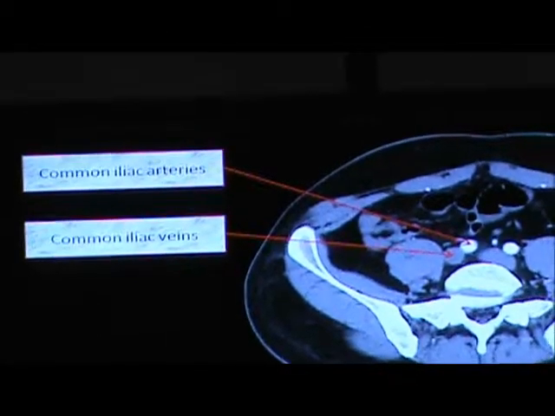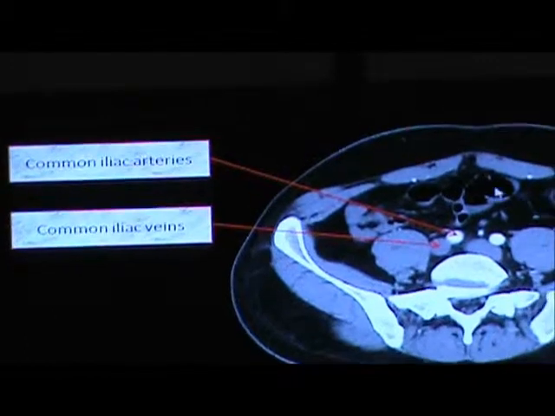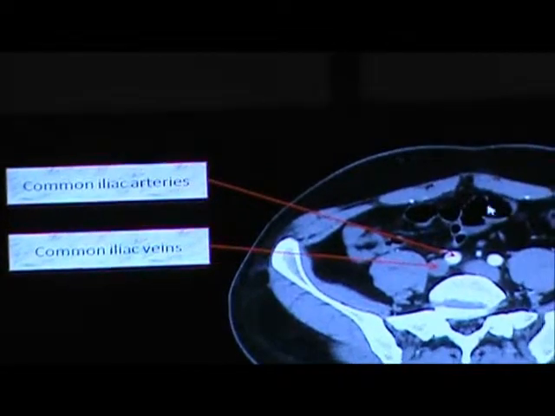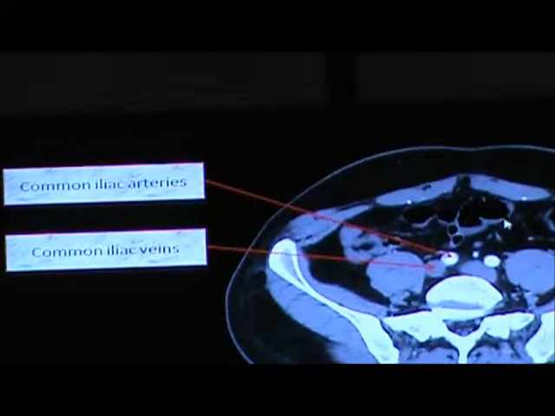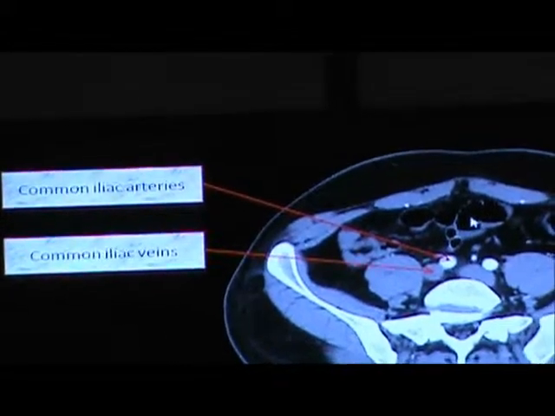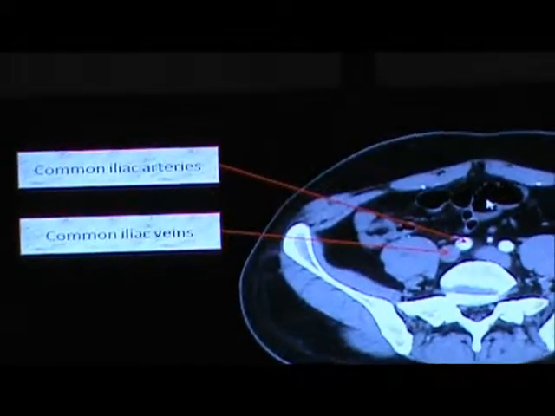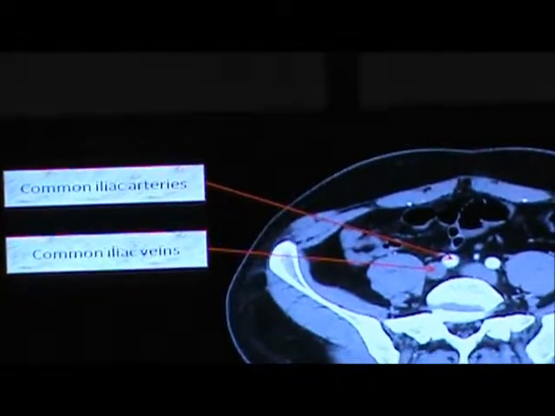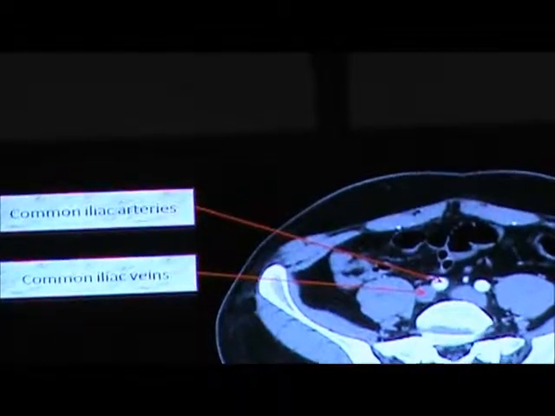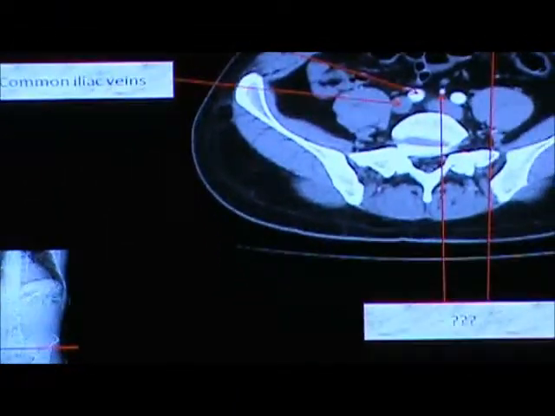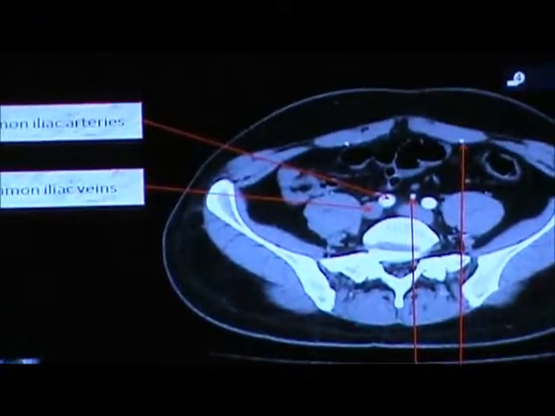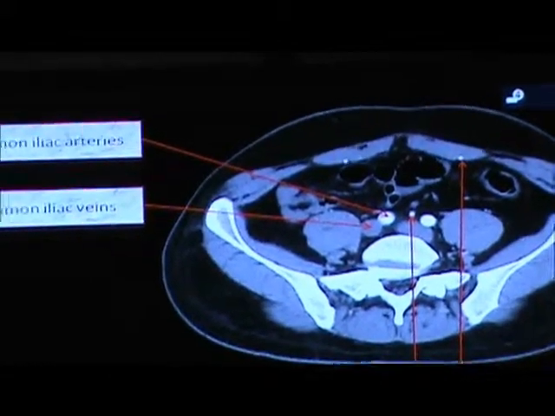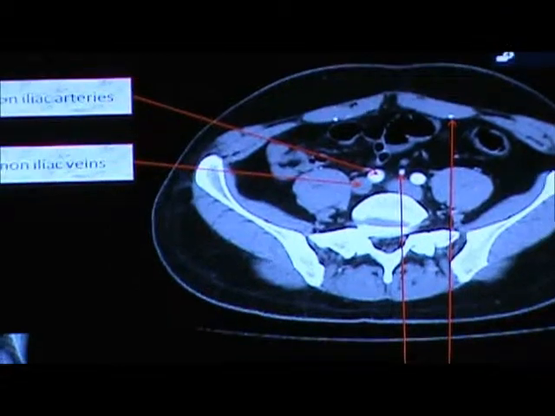We have also viscera of the greater pelvis, which are coils of large intestine, for example, here. And we have two common iliac vessels, the artery and a vein. And can you tell me what arteries, they are whiter, so it must be arteries, are those two?